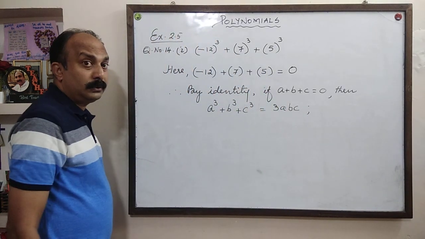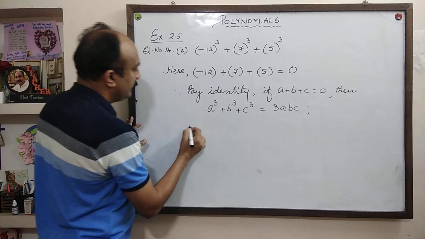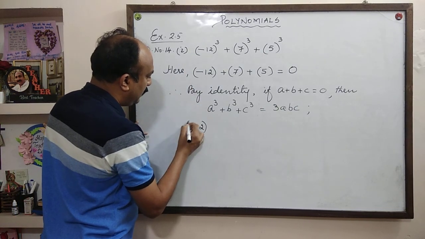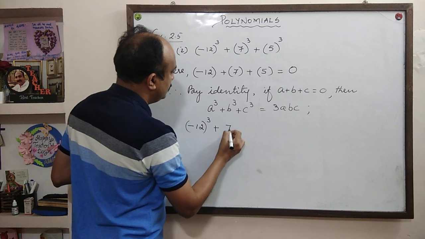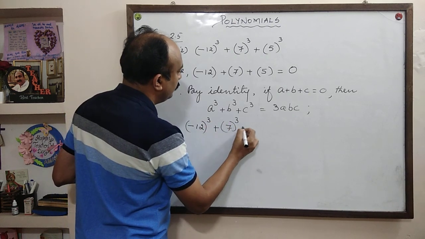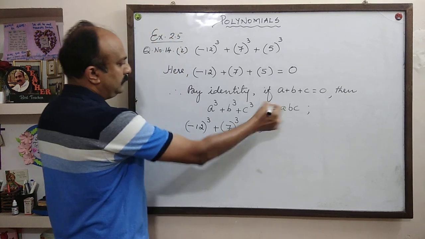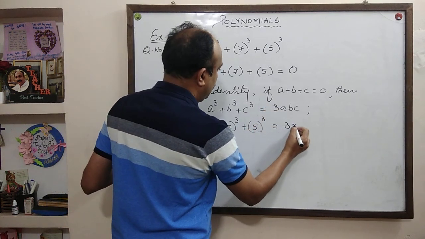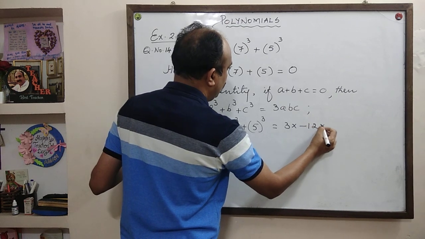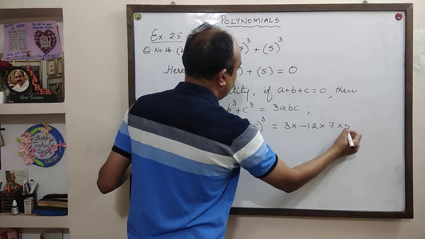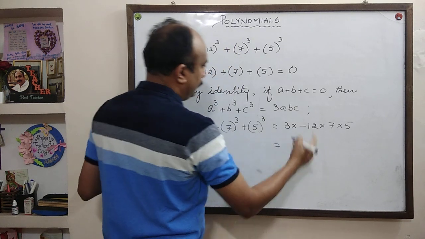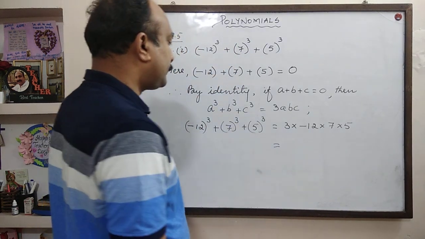Now we are using the same identity here. So a cube plus b cube plus c cube is equal to 3abc, means 3 into minus 12 into 7 into 5.